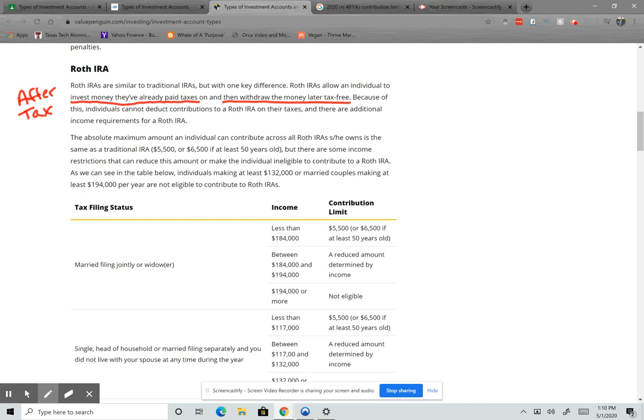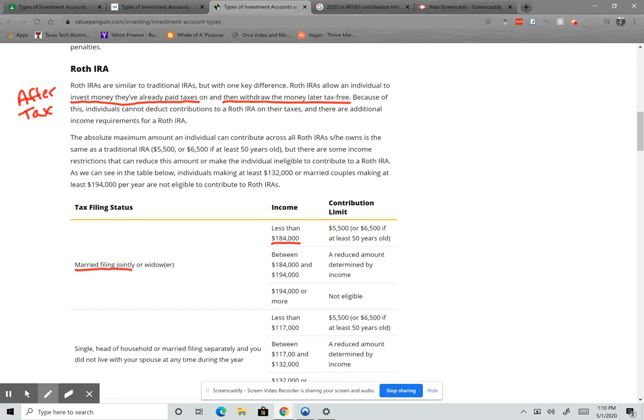However, government created the Roth IRA to encourage lower and middle income people to save for retirement, and so there's an income limitation on here. You can only contribute if you're married and you're filing jointly, so 2 incomes, you can only contribute to a Roth IRA if you make less than $184,000.